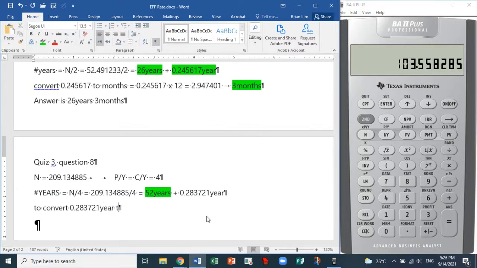So to convert 0.283721 year to days, what do we do? Well, we do the right, a little bit too quick there.